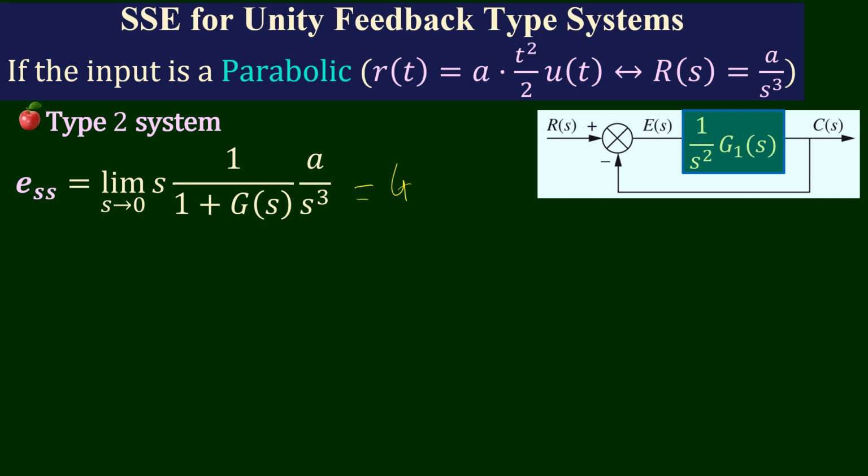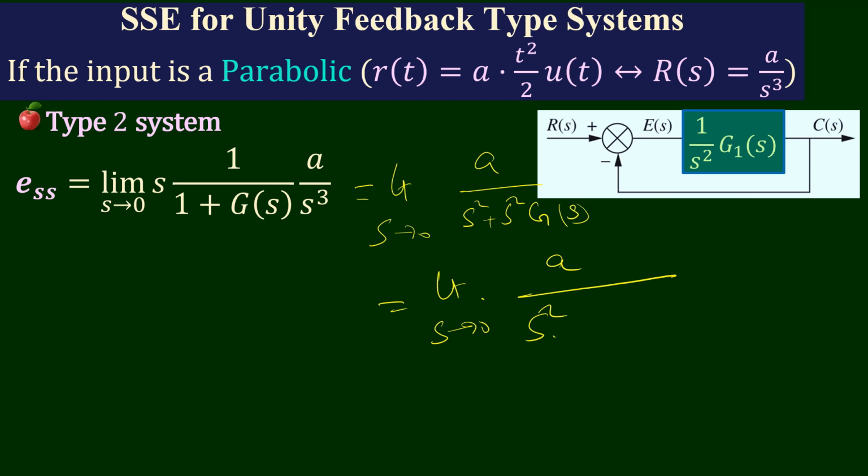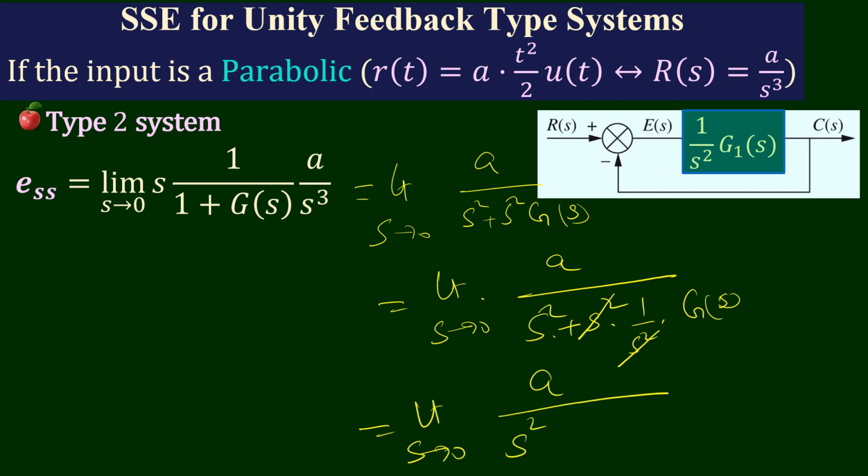So you will have limit s tends to 0 of A upon s square plus s square G of s, and then limit s tends to 0 of A upon s square plus s square into 1 over s square into G1(s). So these two will cancel, and here you will get limit s tends to 0 of A upon s square plus G1(s). So you will get A upon G1(0).